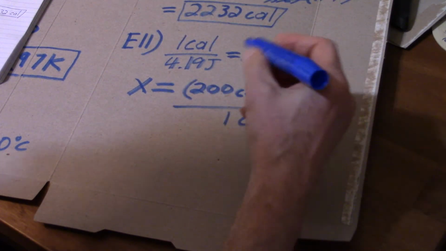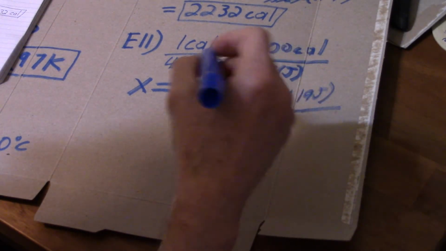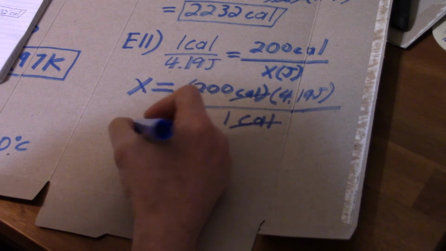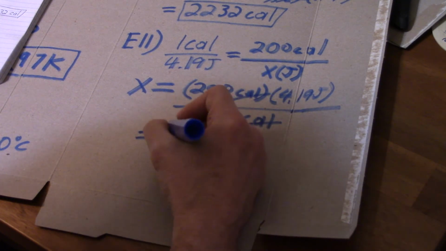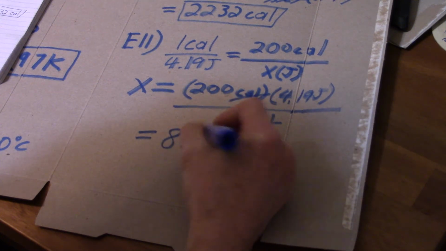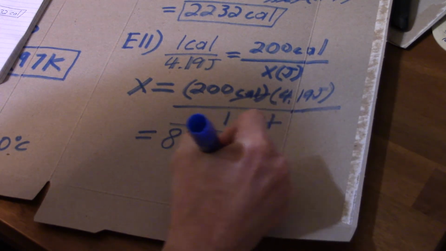So look what happens. Calories cancel out. That's good news. You have 200 times 4.19 equals 838 joules.